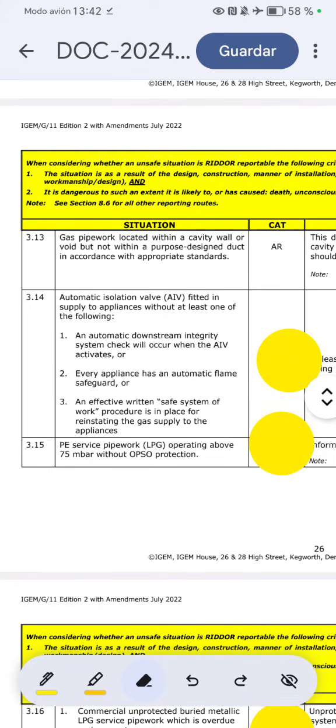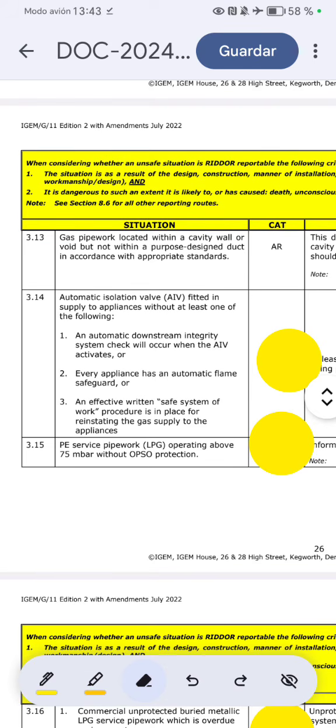Okay, 3.14. Automatic isolation valve fitted in supply to appliances without at least one of the following. An automatic downstream integrity system check will occur when the AIV activates, or 2. Every appliance has an automatic flame safeguard, or 3.